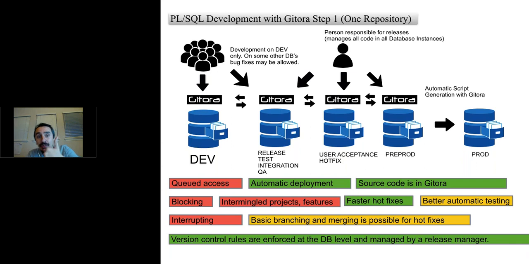But we got automatic deployment. We got source control. Source code is in Gitora, reliably so. Projects and features still intermingled, but hotfixes are faster. That's good.